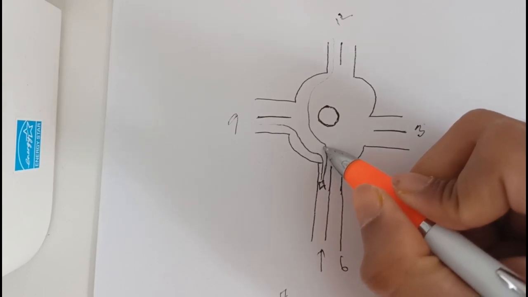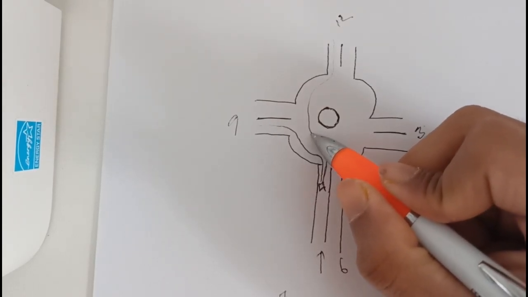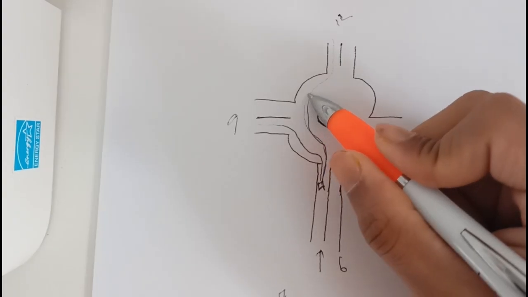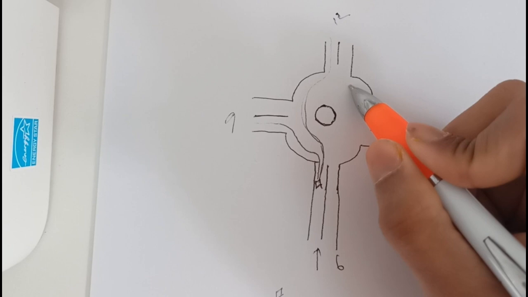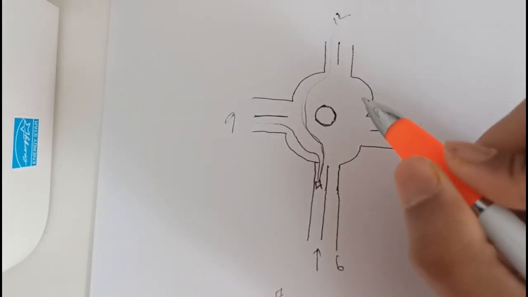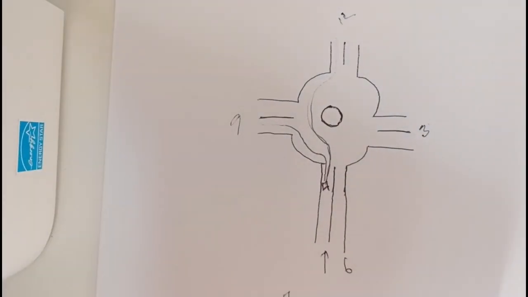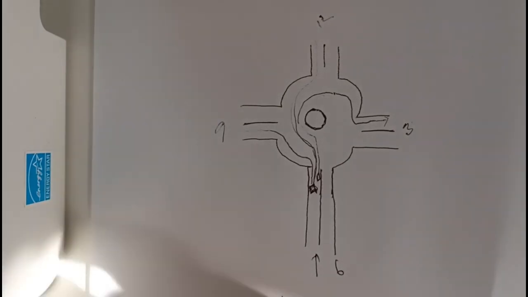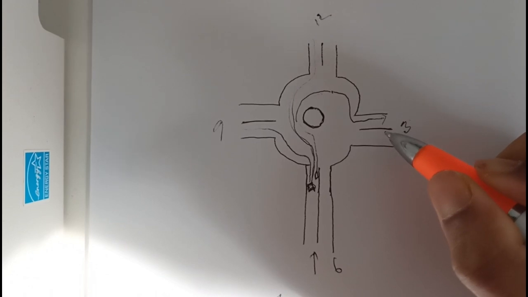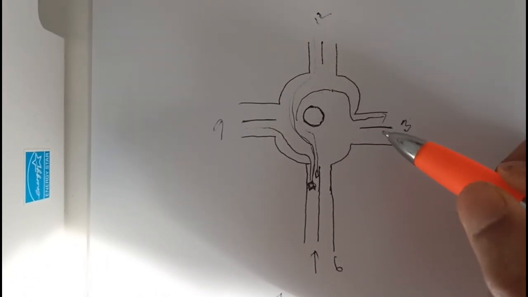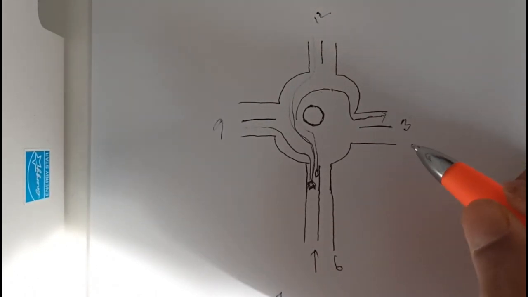In this case, if this is your vehicle, just go, then just after passing the second exit, now if you need to go third exit, as it is the right hand side of 12 o'clock, you need to go third exit right.